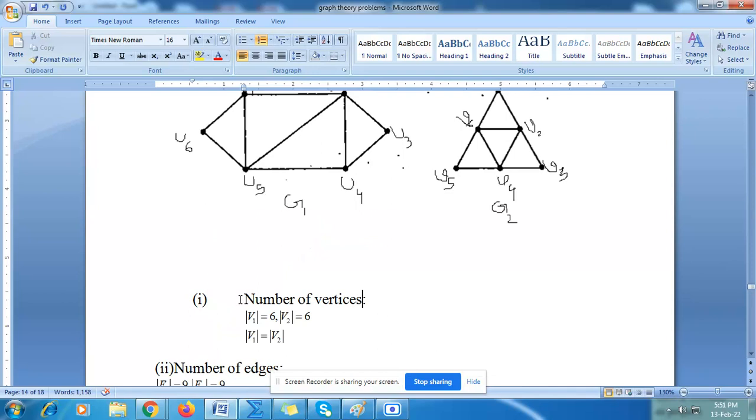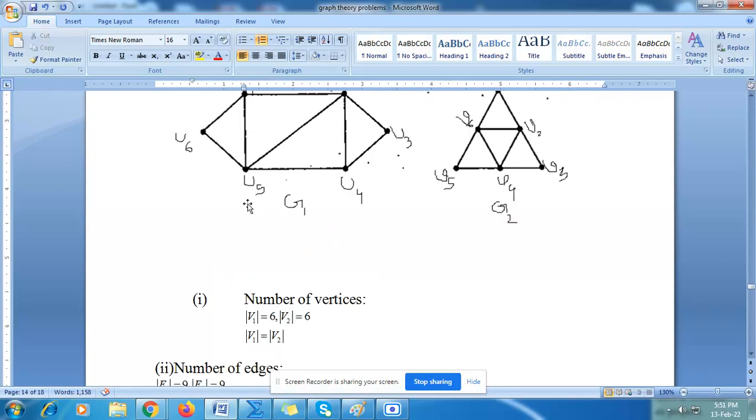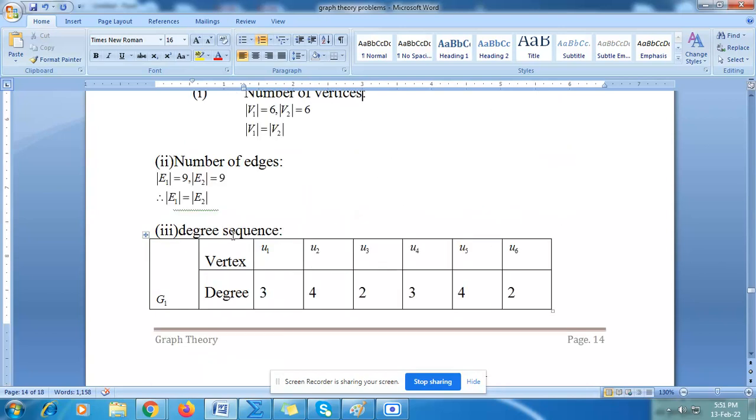Now check the number of edges. In graph 1 we count 1 through 9, so the number of edges is 9. In graph 2 also 9. So the number of edges in graph 1 is equal to the number of edges in graph 2.